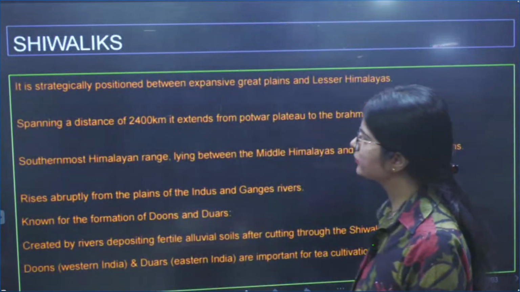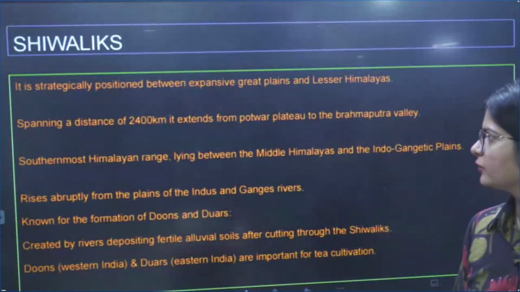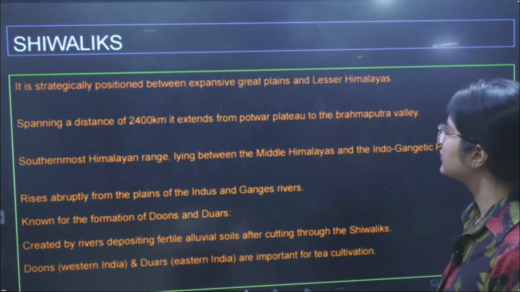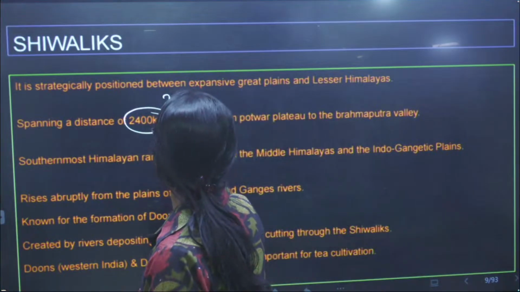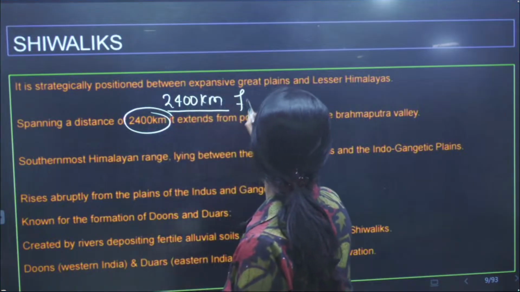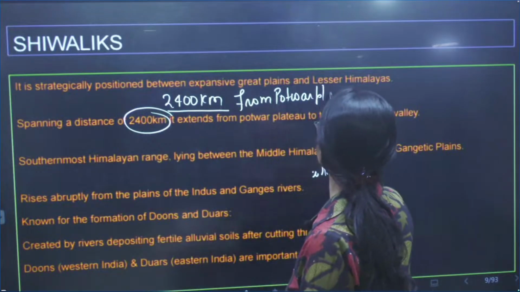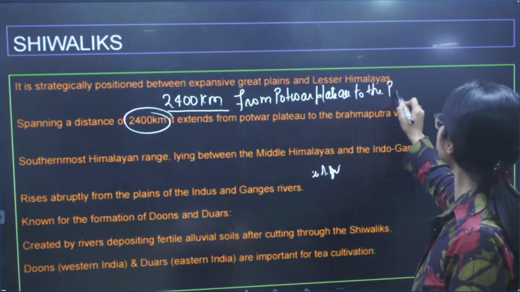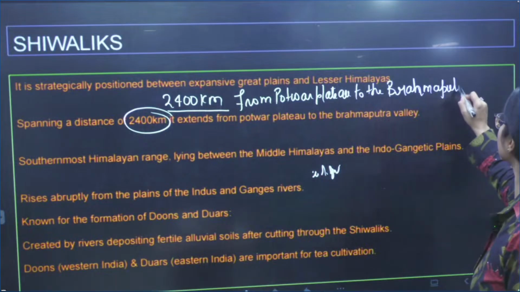Now add a little more about Shivalik, because we have added few points only in Shivaliks. Write down the first point. Shivaliks span a distance of 2,400 kilometer from Potwar Plateau to the Brahmaputra Valley.